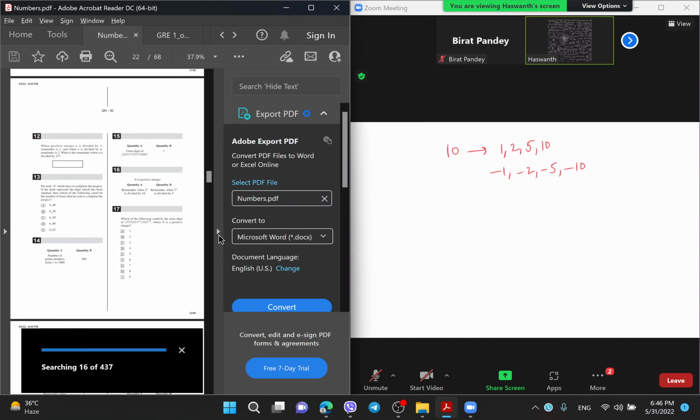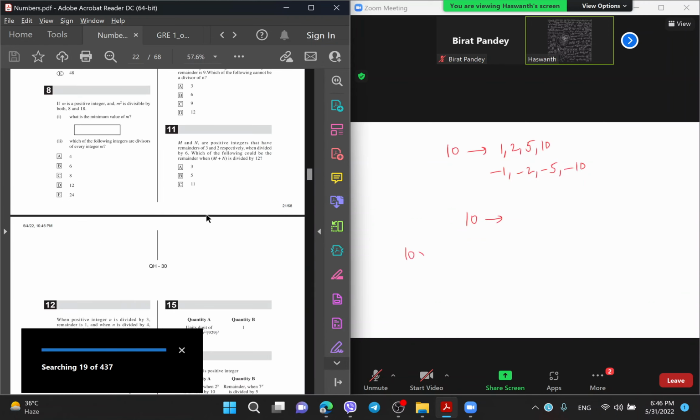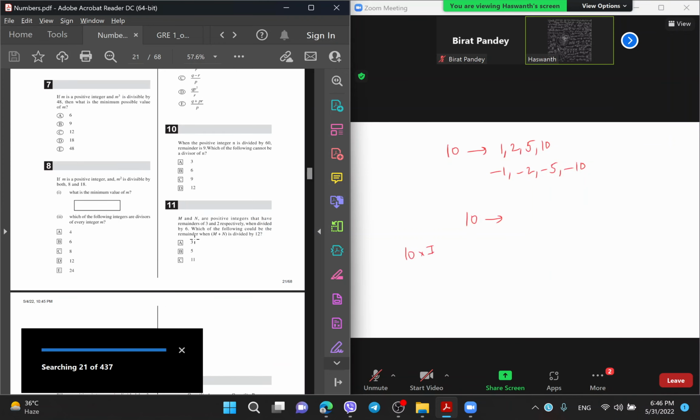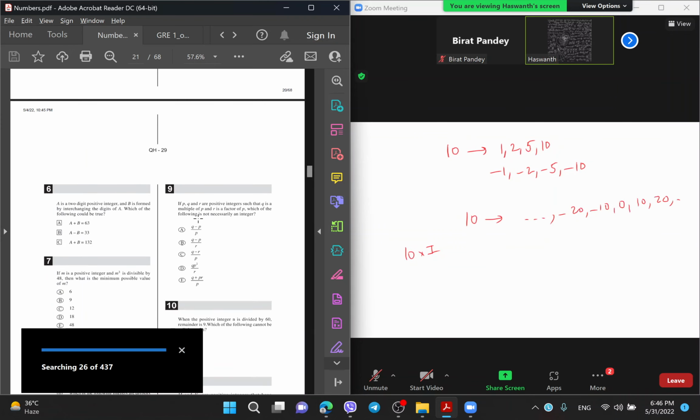Next, when you talk about multiples of 10, there are infinite multiples of 10. Any number of the form 10 into some integer, we say it is a multiple of 10. So like minus 20, minus 10, 0, 10, 20, like that. We have infinite multiples of 10.